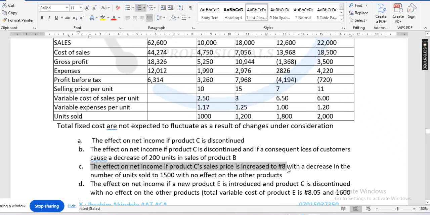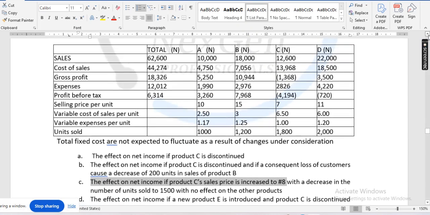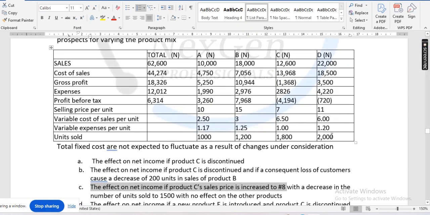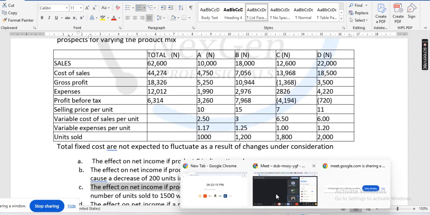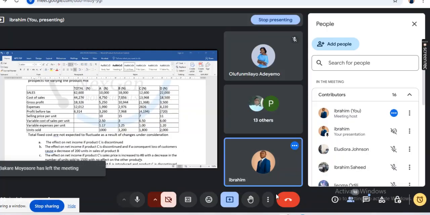Class, what it means is that they now say, we don't want to discontinue it. This is logical. You don't want to discontinue it, you increase the price to 8 naira. You've already increased it to 8 naira.